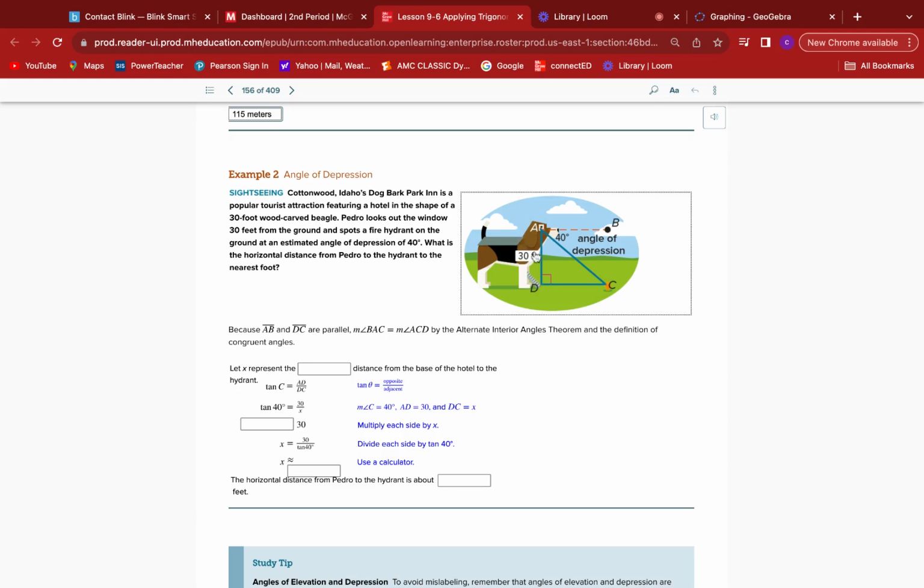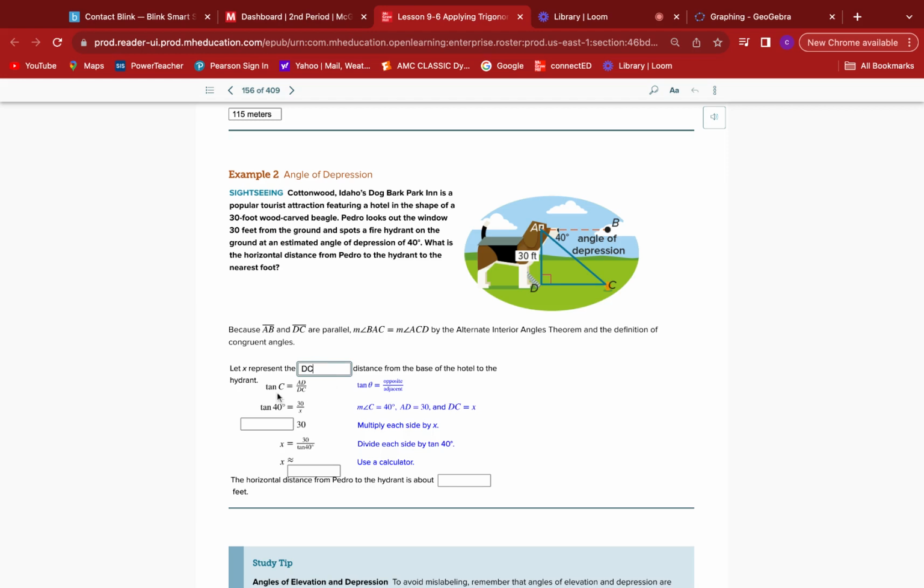We have the opposite side, 30, to angle C, and we are looking for the adjacent side, which is your unknown X. Well, anytime you have an angle where you have the opposite and you're finding the adjacent, this is a tangent problem. So let X represent the, I guess, CD distance or DC distance from the base of the hotel to the hydrant.